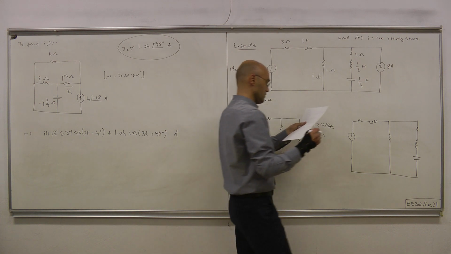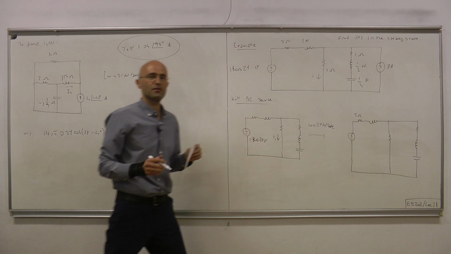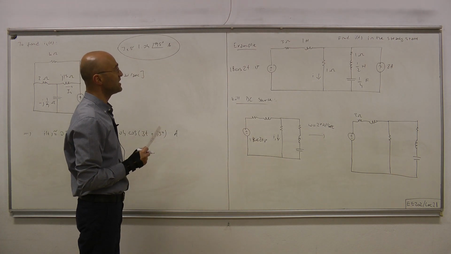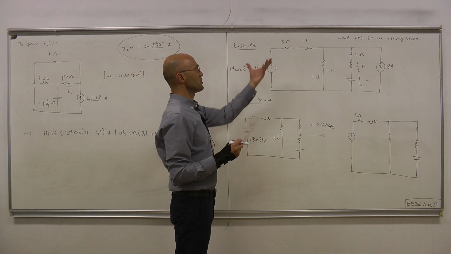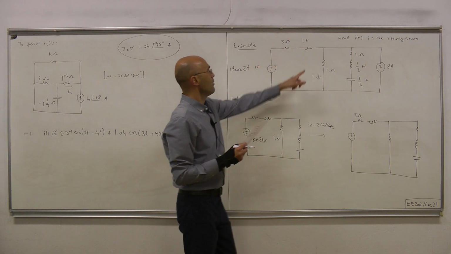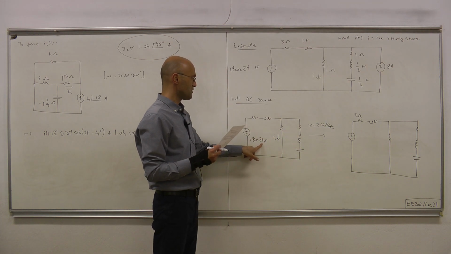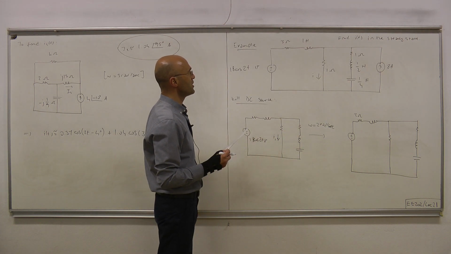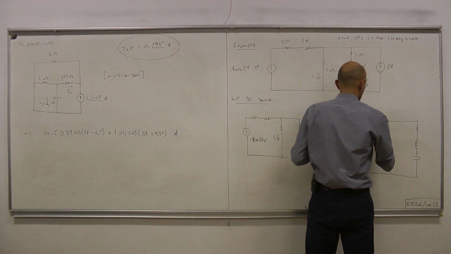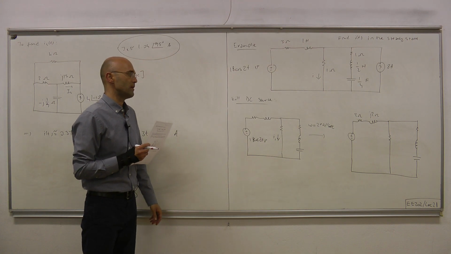Okay, so 3 ohms is 3 ohms because the impedance of resistors, which equals resistance, is independent of the frequency. How about the impedance of this inductor? The frequency is 2 radians per second, and by j omega L we have j2 ohms for the impedance.